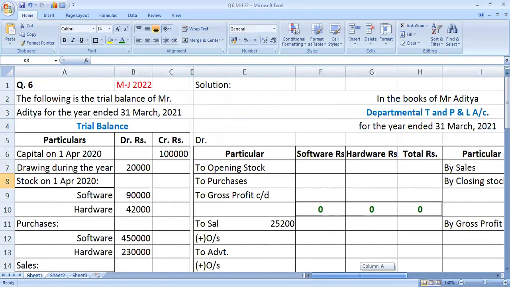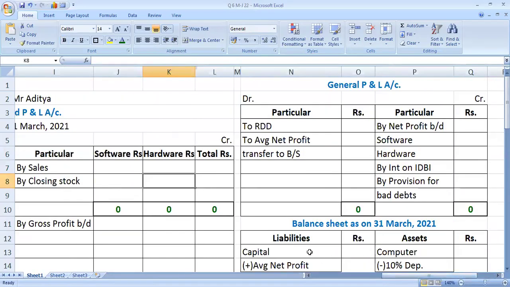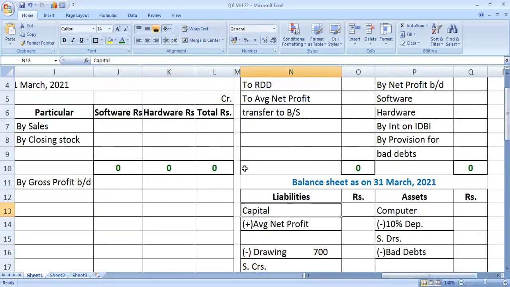Now we are solving the answers. Capital on 1st April 2020, rupees 1 lakh. Capital goes to the balance sheet, liability side, inner column, rupees 1 lakh.